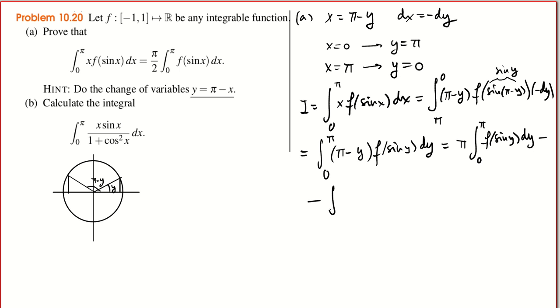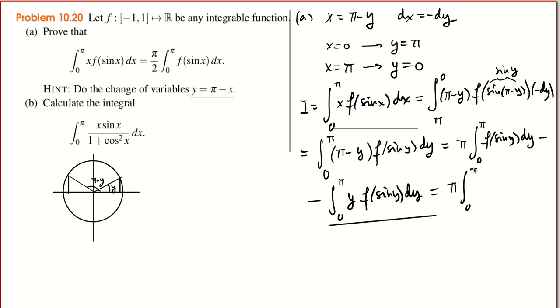And the second one is the integral from 0 to pi of y f sine of y dy, which is just the same integral as I. So this is pi times the integral of f sine y dy, minus I. So we have this equation: I is equal to pi times that integral from 0 to pi of f sine, and it doesn't matter if I write y or x, because this is the integration variable.